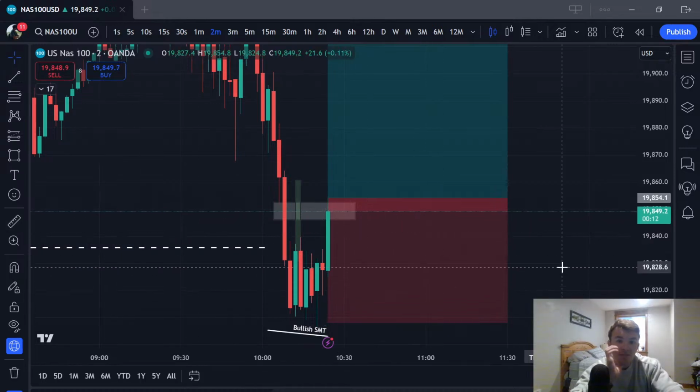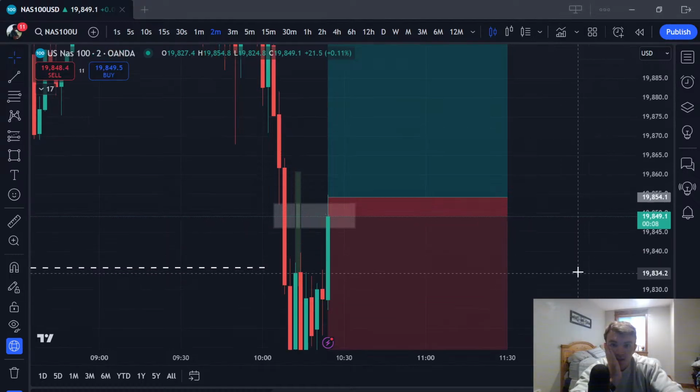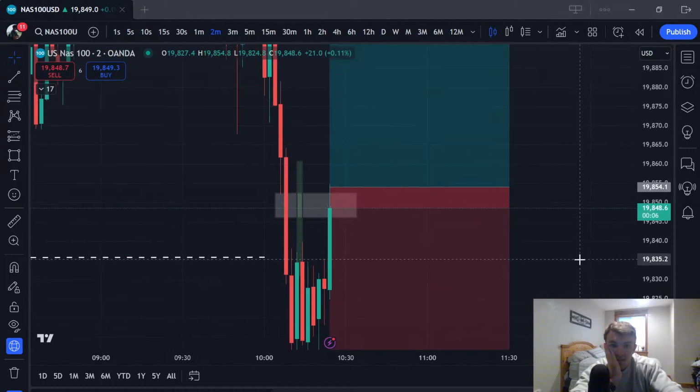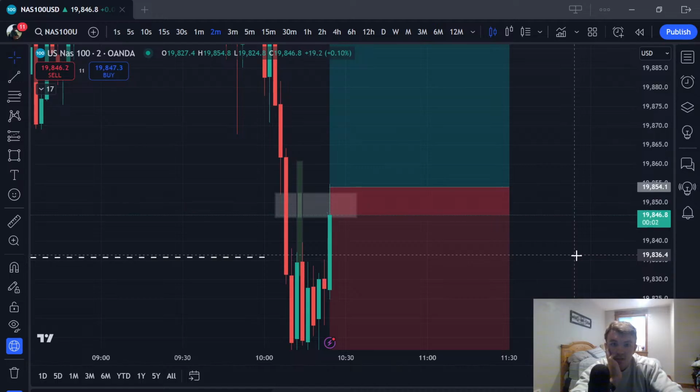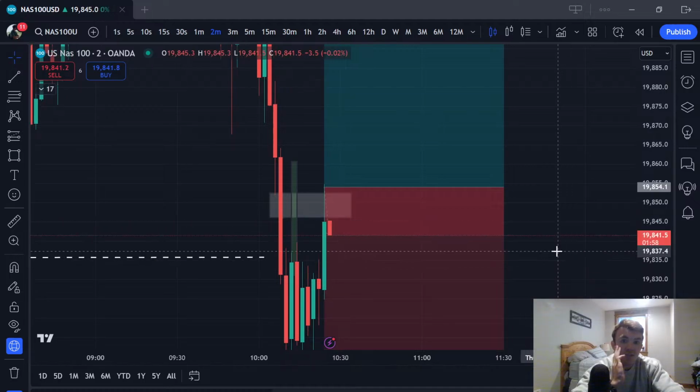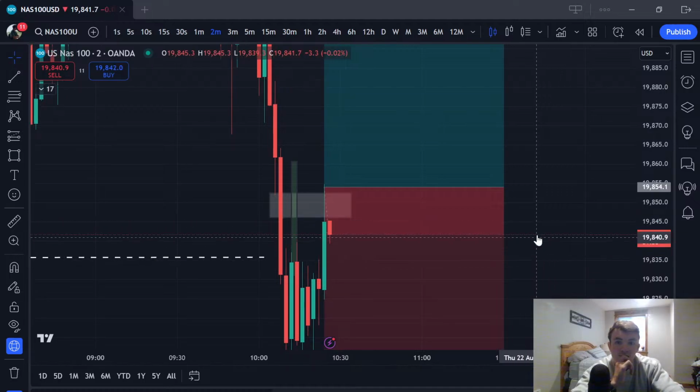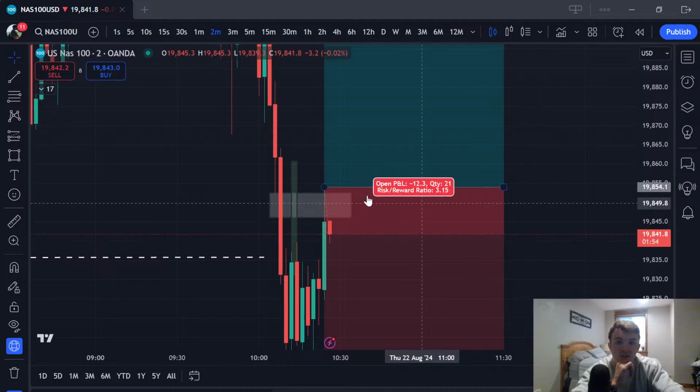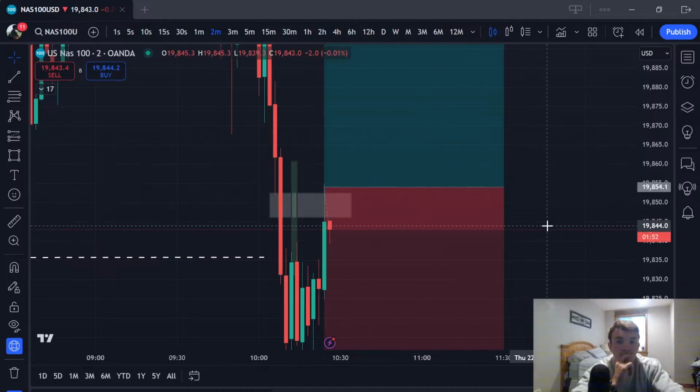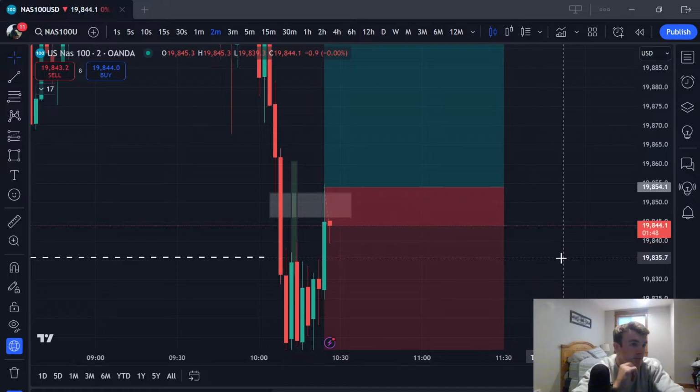So we got 15 seconds for this to close above. 7 seconds. So we haven't done it yet. That's not good. Well, if we can get above it on this next 2-minute candle, then it's still good.